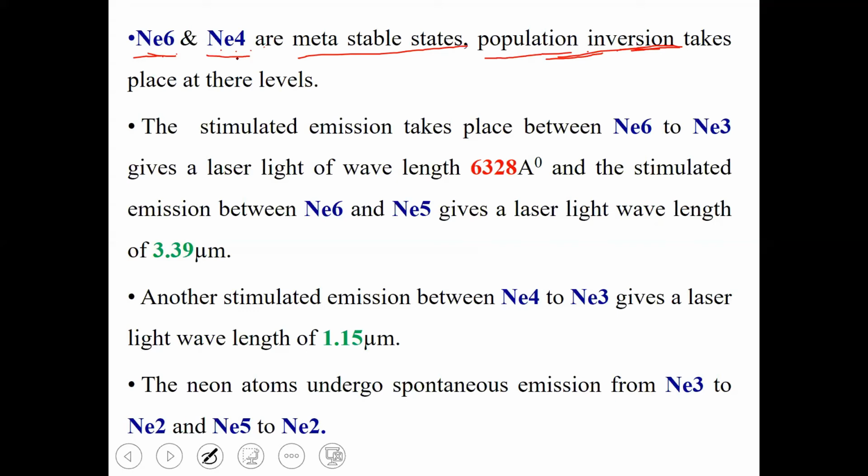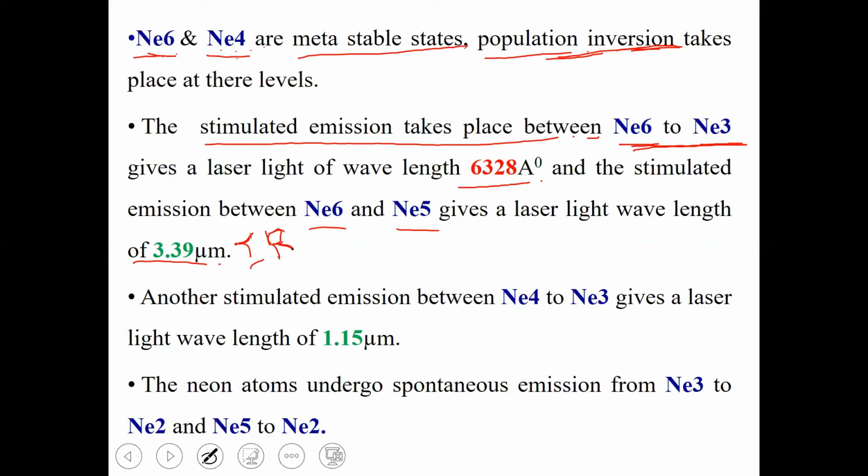From there, stimulated emission takes place between Ne6 and Ne3, which gives the laser wavelength of 6,328 angstroms. Next, one more transition, Ne6 to Ne5, gives a wavelength of 3.39 micrometers, which is the IR region.